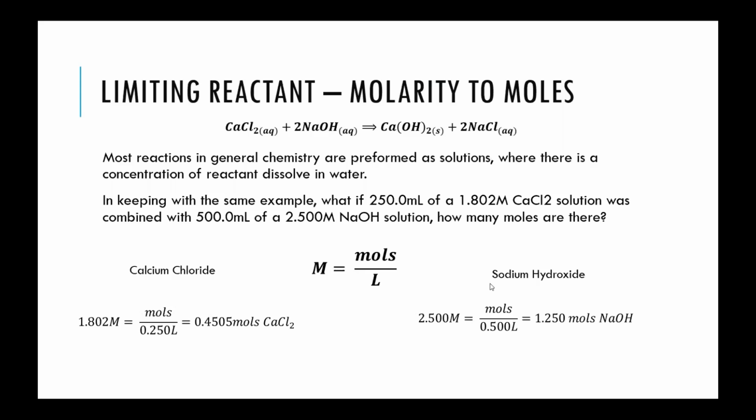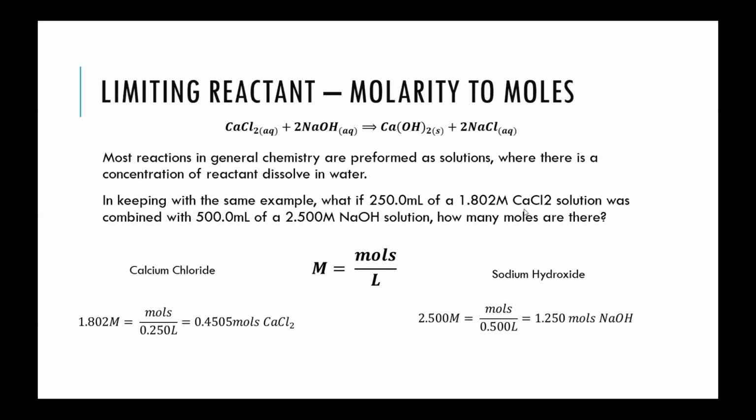Many times, especially in general chemistry, you might not be dealing exactly with weighing out the material directly, but you might be dealing with solutions of materials. So they have a specific molarity, and you're measuring out the volumes instead of the mass. The molarity, again, is a concentration. It's the amount of moles that are present within 1 liter of the solution.